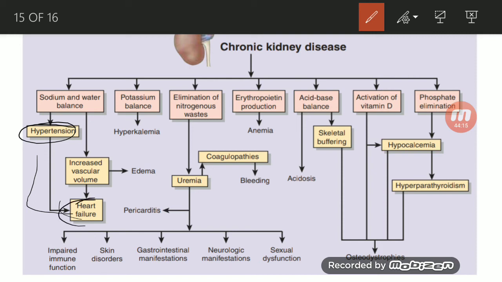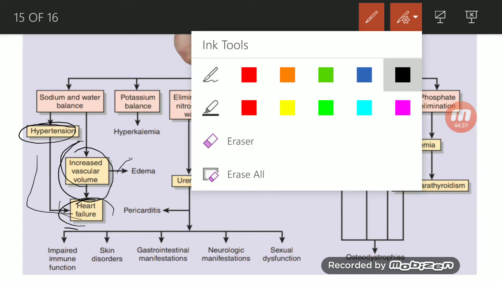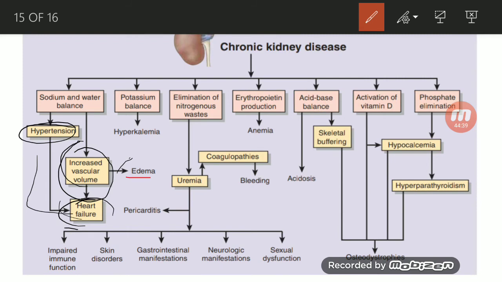Along with hypertension occurring, there is increased vascular volume as well, because reabsorption through your renin-angiotensin system is taking place in more amount. Whenever there is increased vascular volume, there is going to be loss of fluid from your blood vessels, which can lead to edema as well.